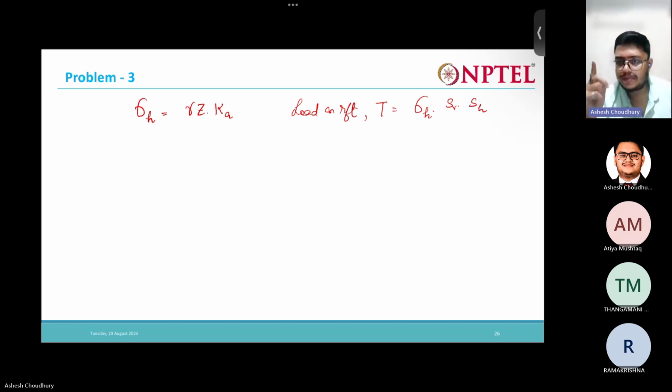Before, we determined it per meter, where SH used to be 1 meter. Here SH can vary, but in our problem SH is 1 meter only. In general, when you are using steel strips, SH can vary. So SV into SH. What is Ka?